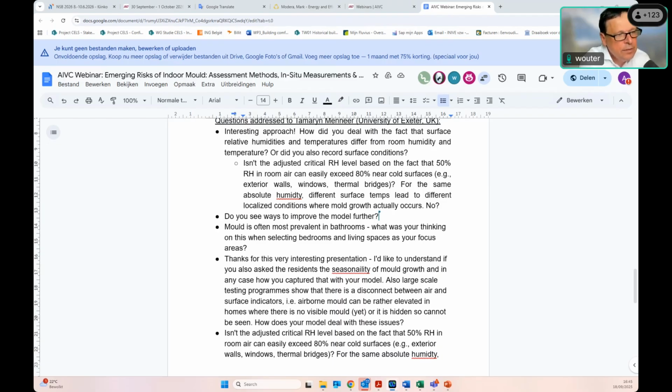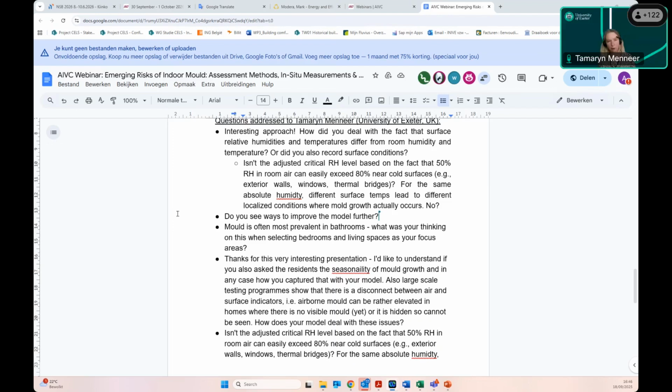For example, exterior walls, windows, thermal bridges. For the same absolute humidity, different surface temperatures lead to different localized conditions where mold growth actually occurs. What are your thoughts about these comments?